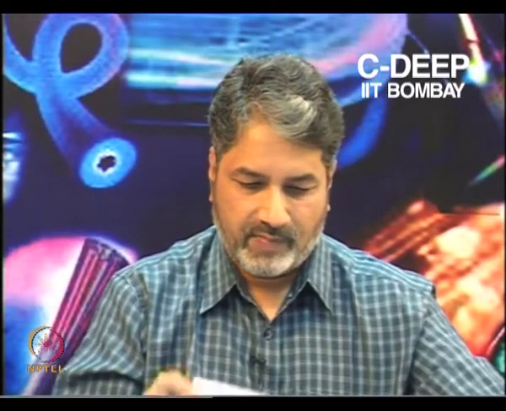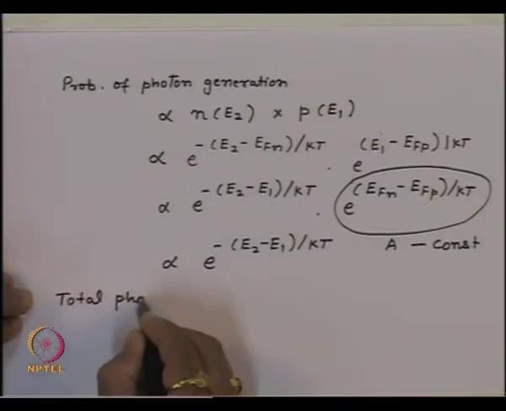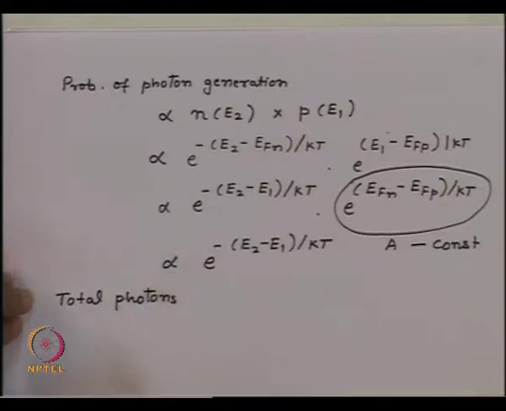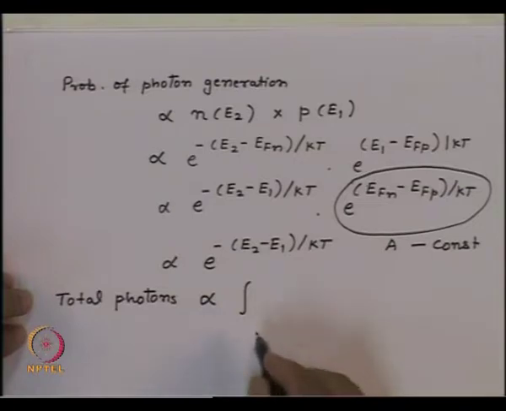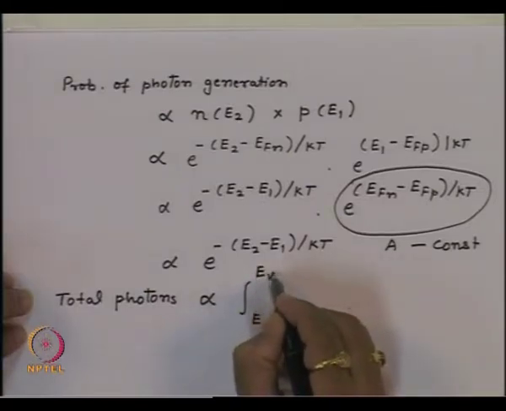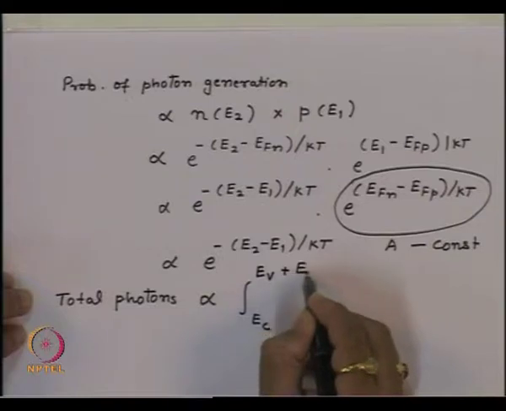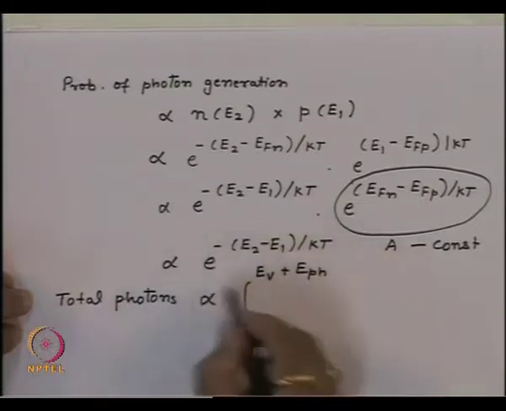While integrating this, we are finding the total number of photons, which is proportional to the integral over E2, and as we said, this goes from EC to EV plus EPH. We are integrating this quantity.